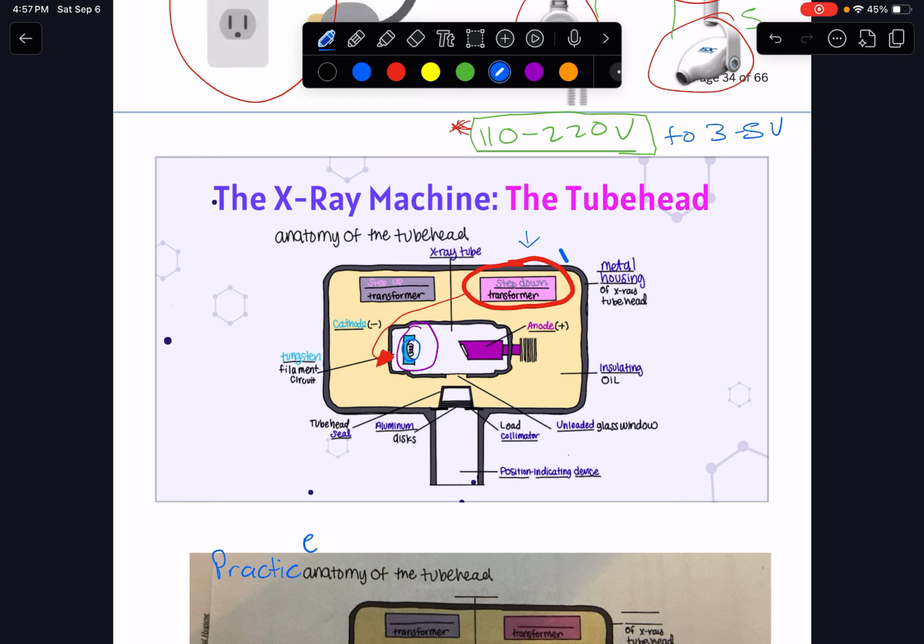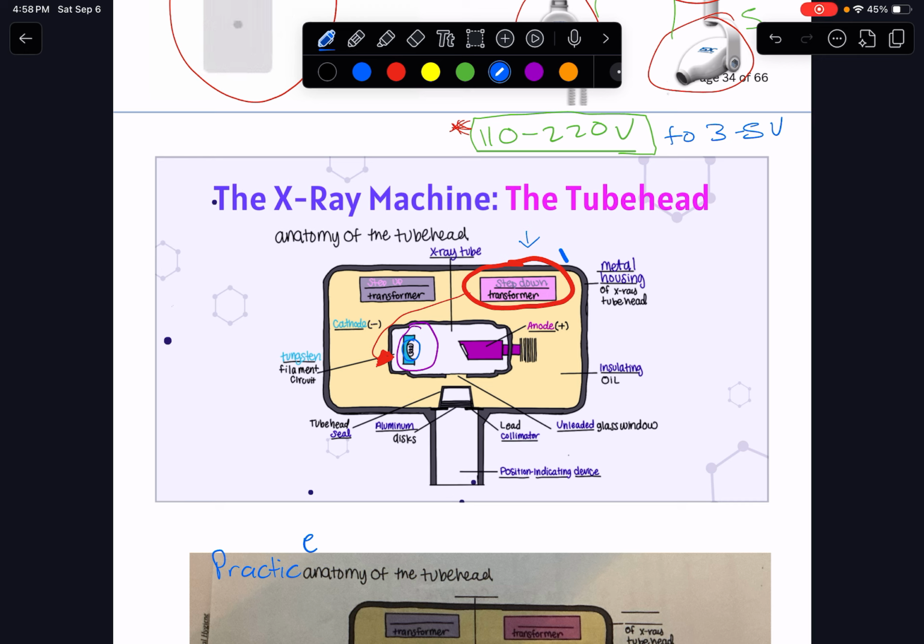Maybe you guys have a question about this. You're kind of wondering, well, it's 110 to 220 voltage and it went to 3 to 5, so how does that heat it up? Well, the 110 to 220 voltage is way too high and it'll burn out the X-ray tube. So when we plug in that X-ray machine, that's why it goes to 3 to 5 voltage.